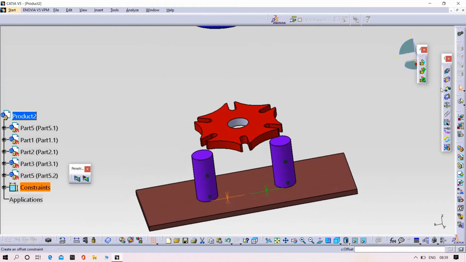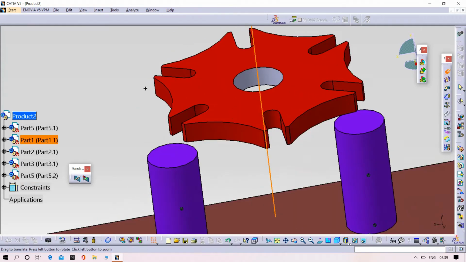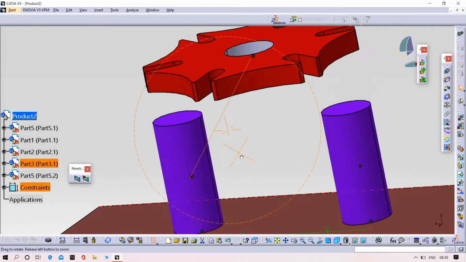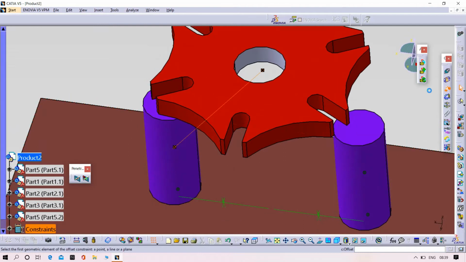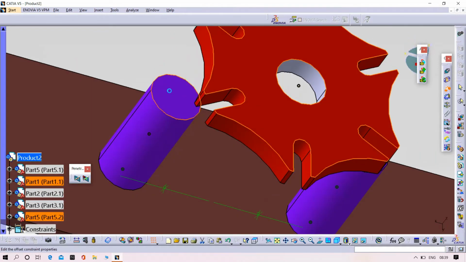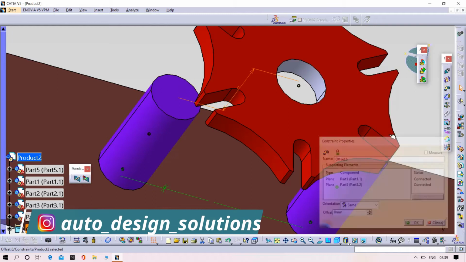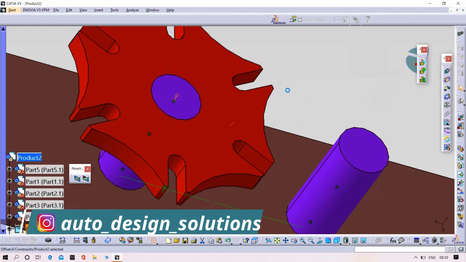Then try to insert the Geneva wheel with shaft and give the surface distances. Apply.